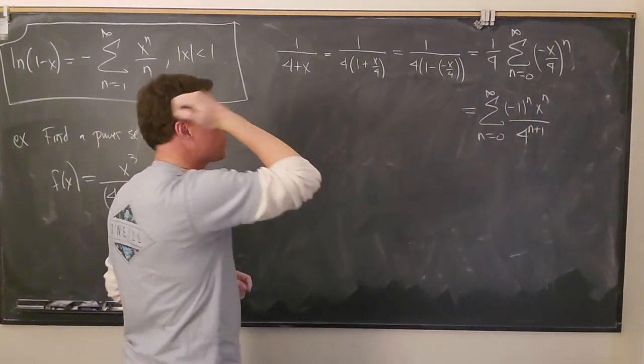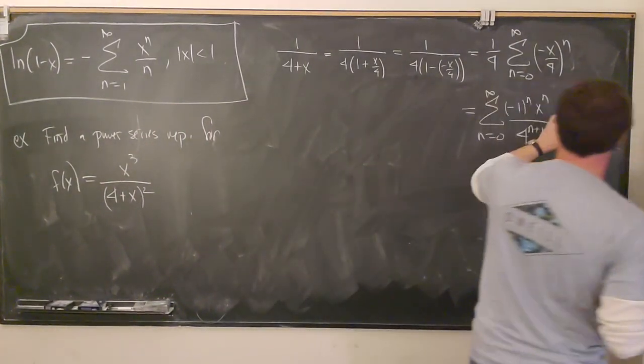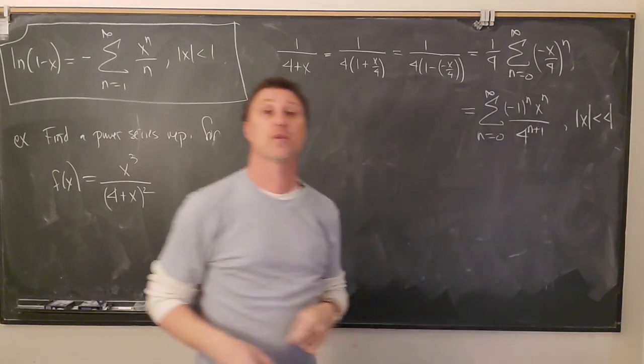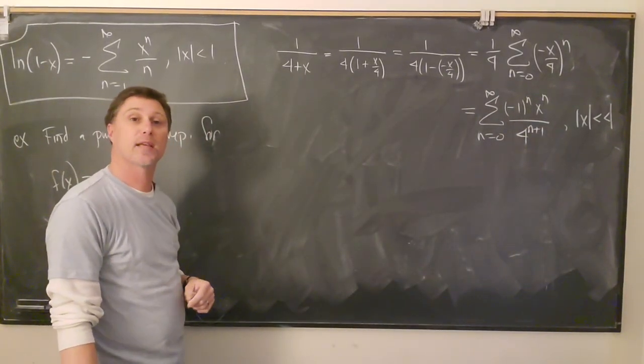Notice we substituted an x over 4 in there, which means our radius of convergence is going to be 4. We need the absolute value of x over 4 less than 1. If you solve, that tells us the absolute value of x has to be less than 4.